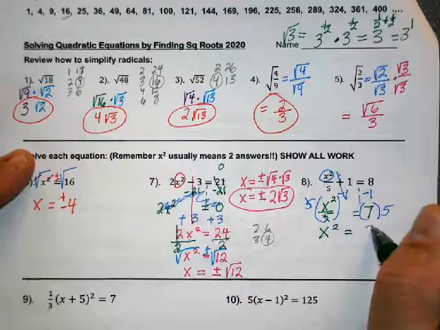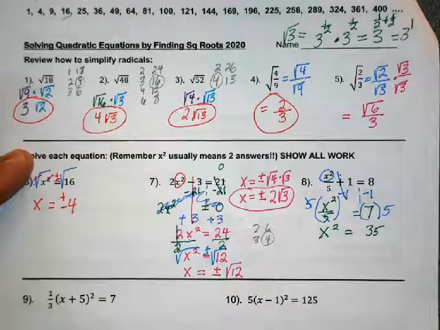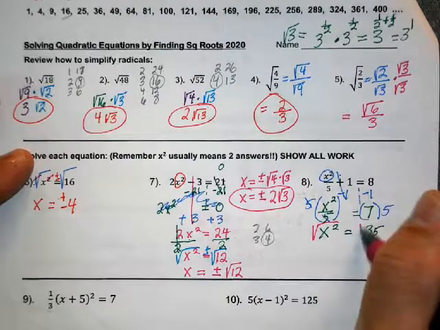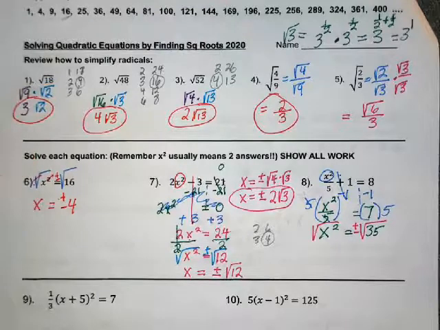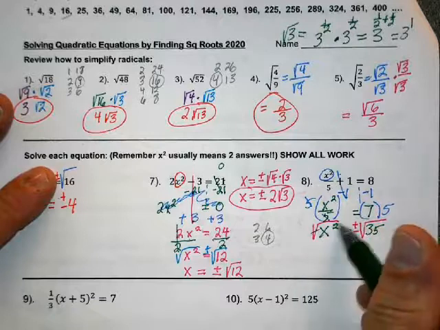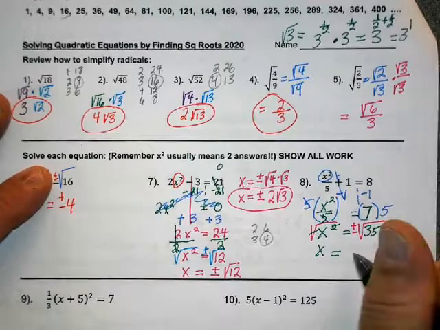To get rid of the power 2, take the square root of both sides. Don't forget your plus or minus. That cancels out the power 2. I get x equals plus or minus square root of 35.